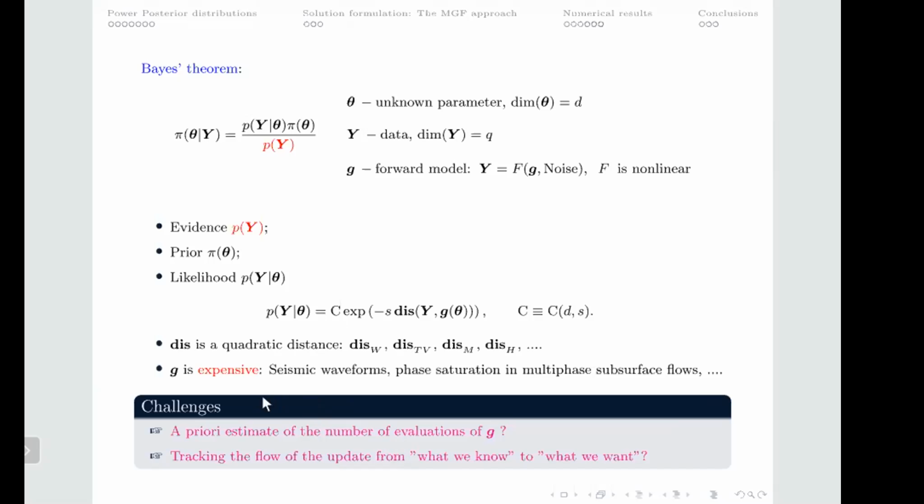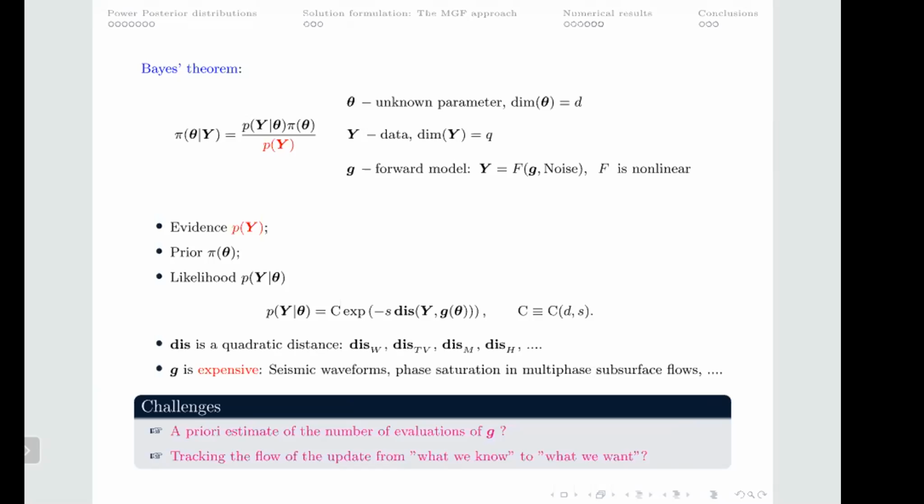If so, that will lead for sure to computational efficiency and scalability. The other point is: can we track the flow of the update from the prior to the posterior? If so, then this is a good way to analyze the transport of the prior uncertainty to the posterior for the ill-posed problem, even in the nonlinear setting.